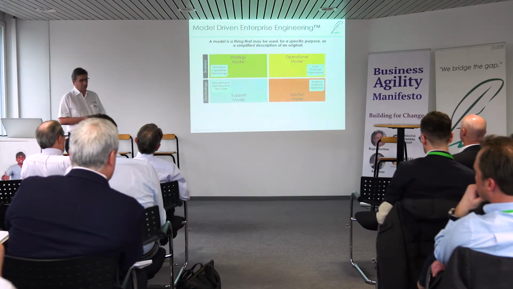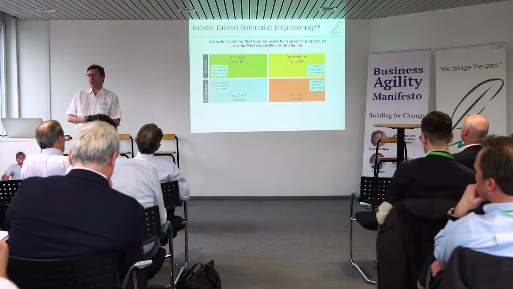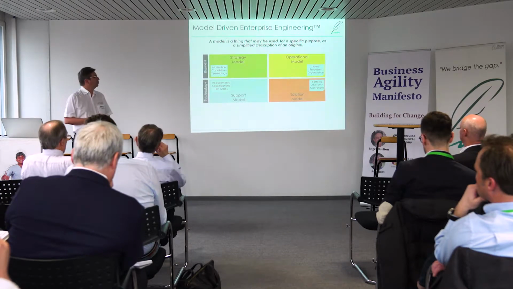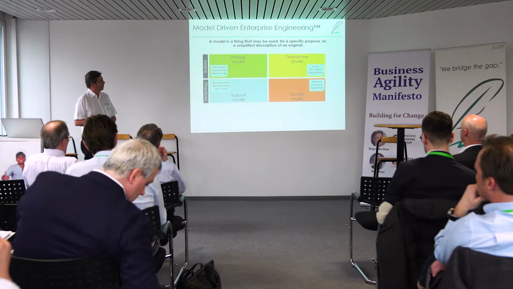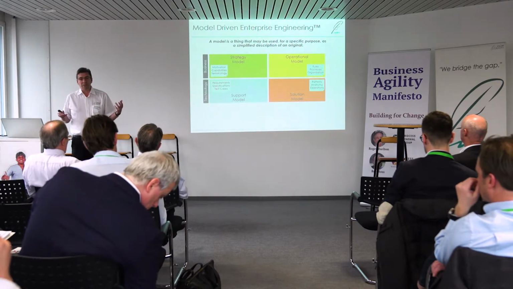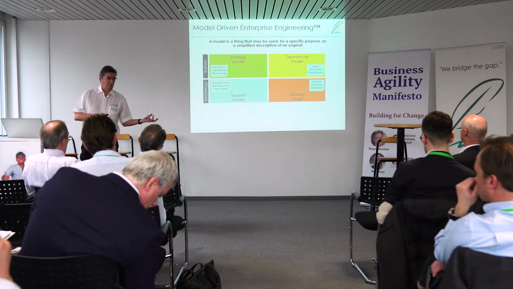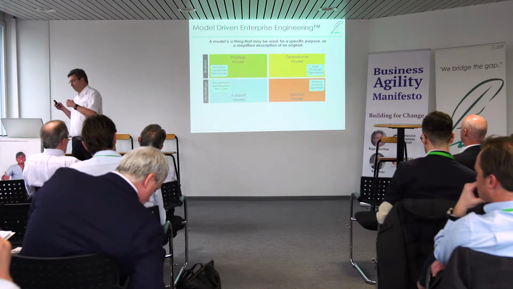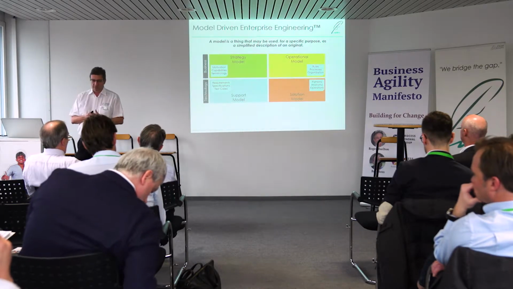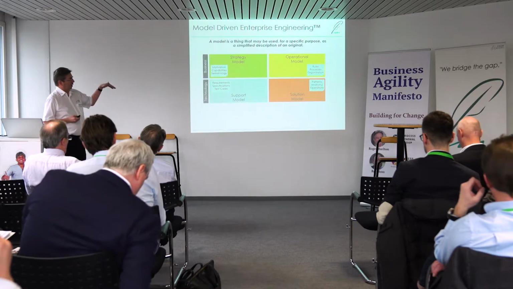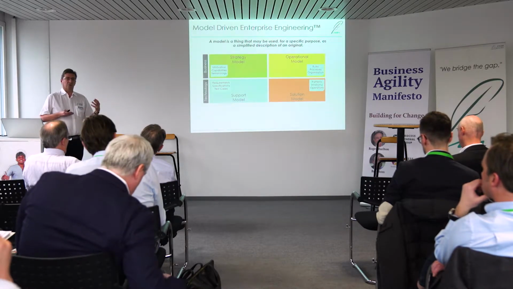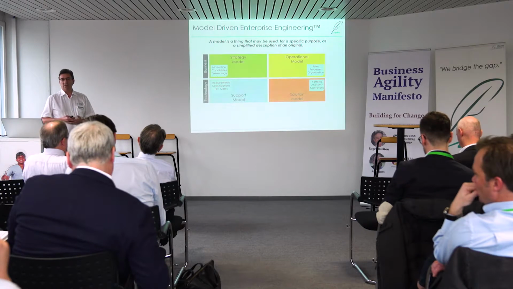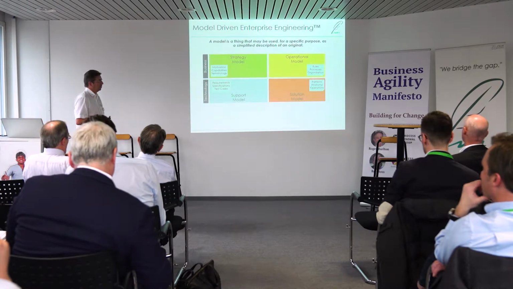So that means we have, in one dimension, two clear views. The upper half is the view of the business. You talk in business language, you think in business terms, whereas in the lower part you talk about technology, supporting the business, helping to run the business more efficiently.